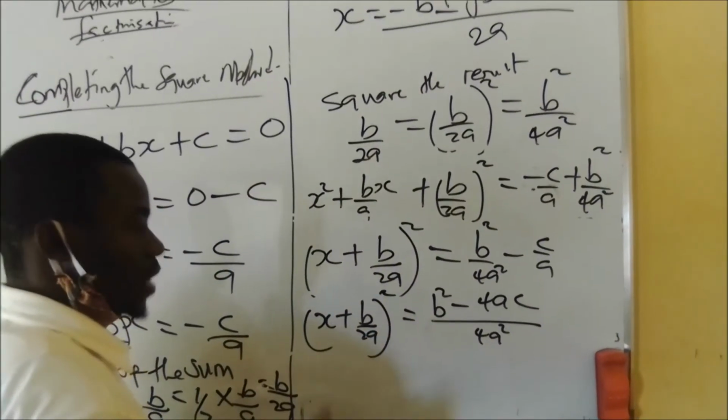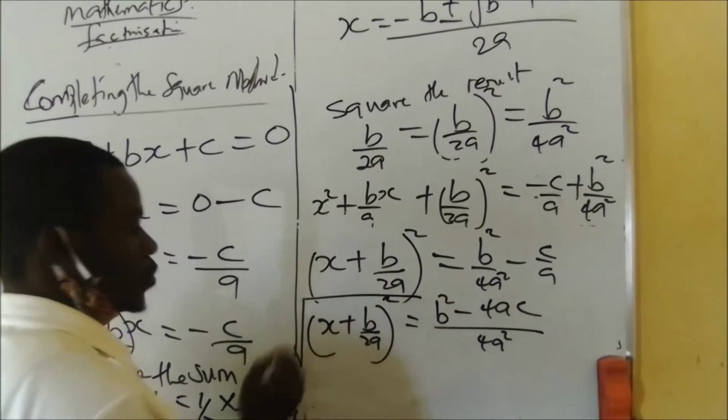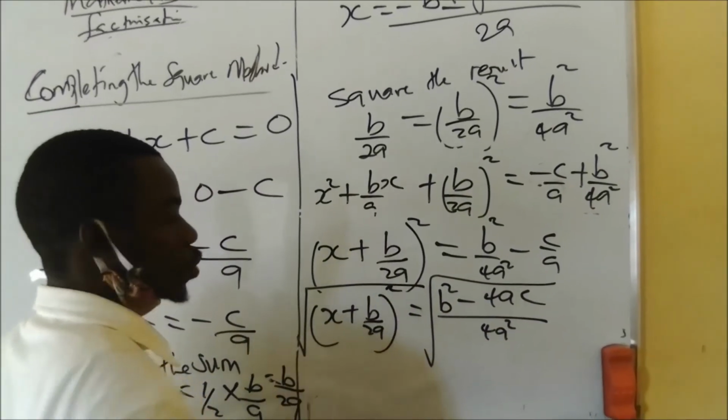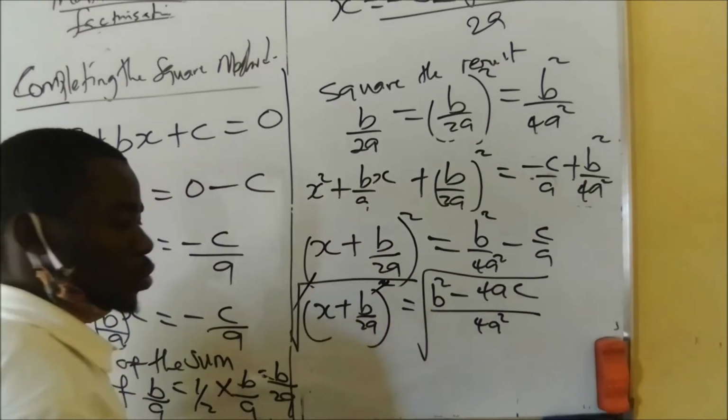The next step is to take the square root of both sides so that the square cancels the square root.